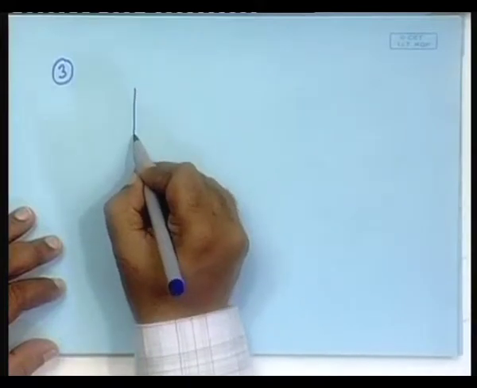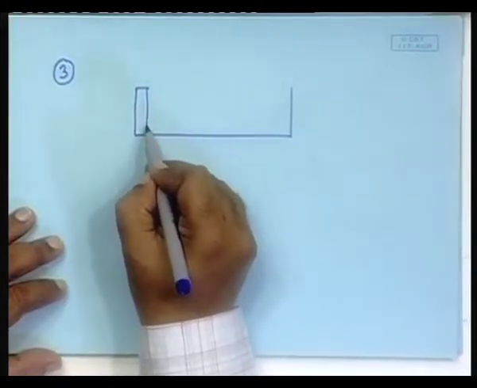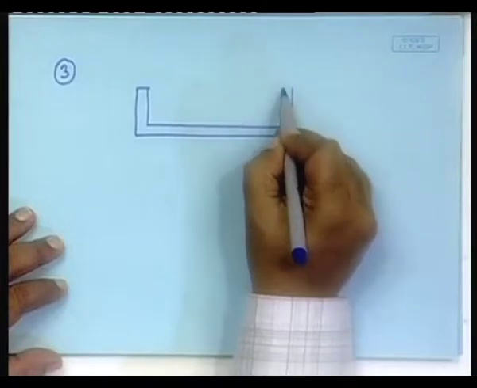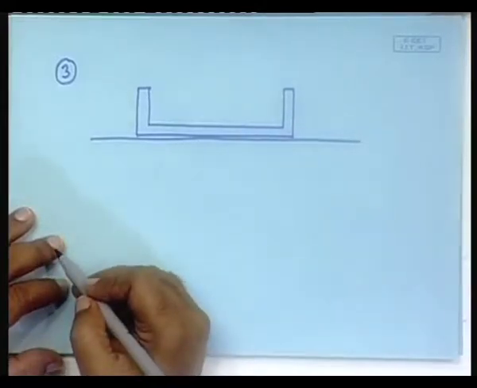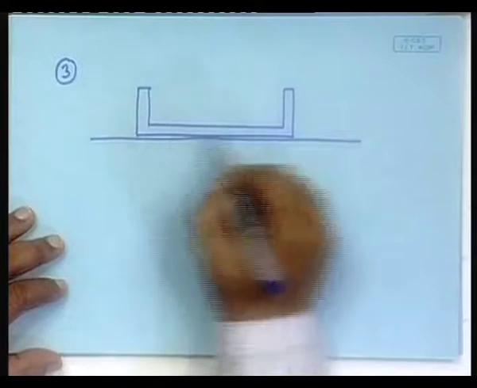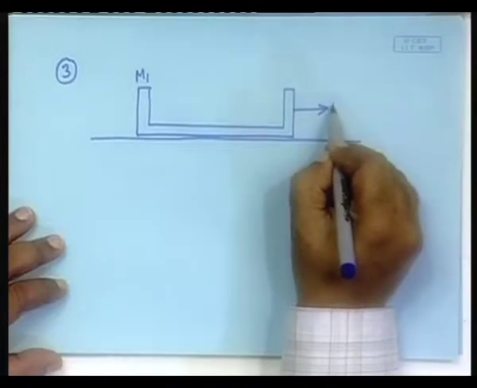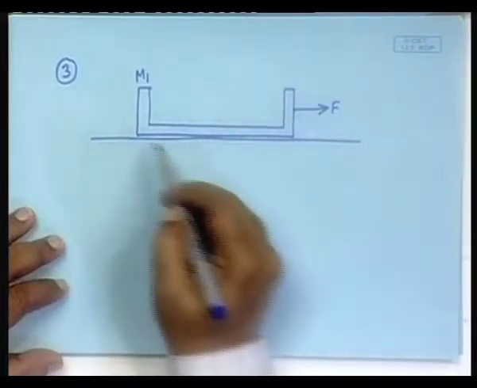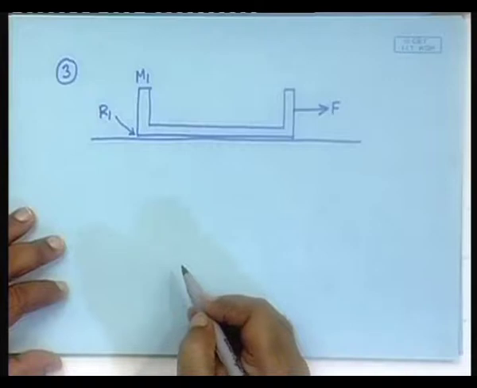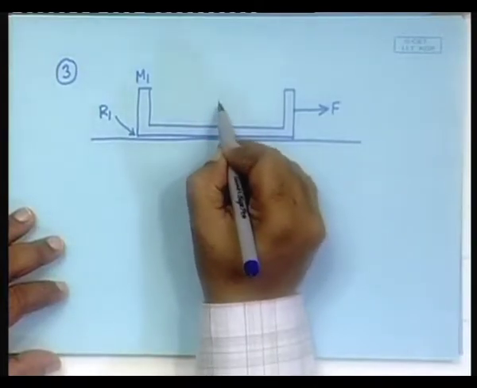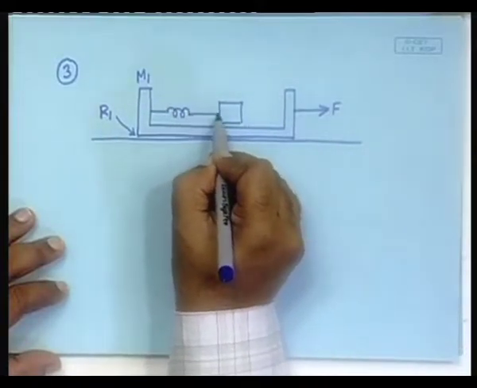Suppose there is a cart like thing which is able to move on the ground, okay, and this fellow has some mass, say M1, and it is being pulled by a force F, and on this surface there is a friction, that is say R1, viscous friction, but here is a mass that is connected by means of a spring.